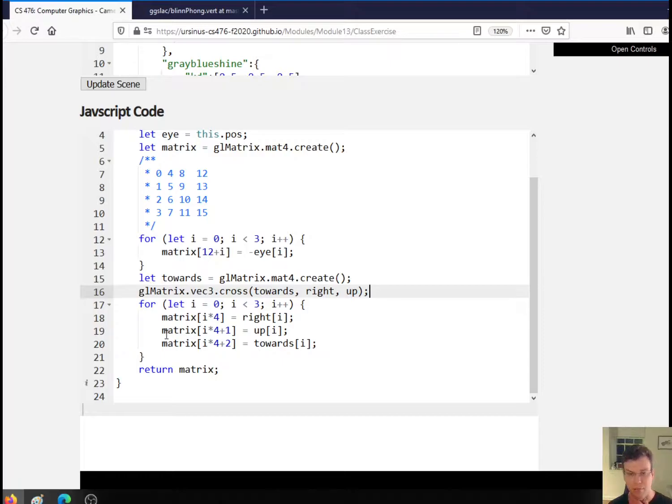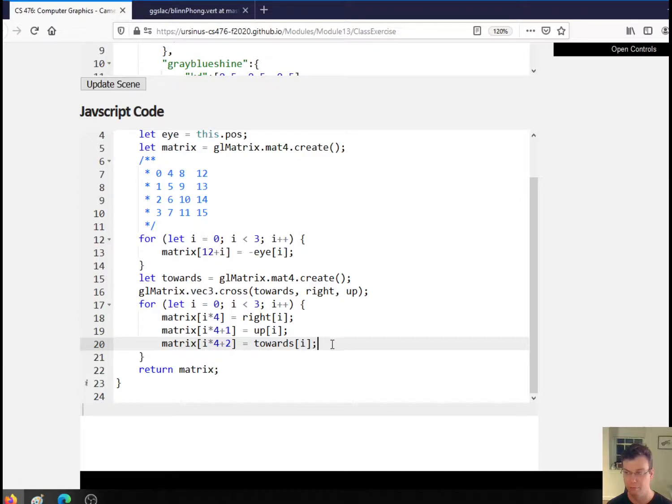And what that means is we actually need to put these vectors along the rows. So the right vector goes along the first row, the up vector goes along the second row, and the towards vector goes along the third row of the upper left 3x3 part of this matrix. So the right vector is going to go 0, 4, 8, the up vector is going to go 1, 5, 9, and the towards vector is going to go 2, 6, 10.